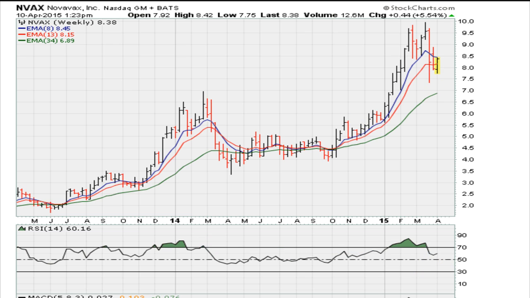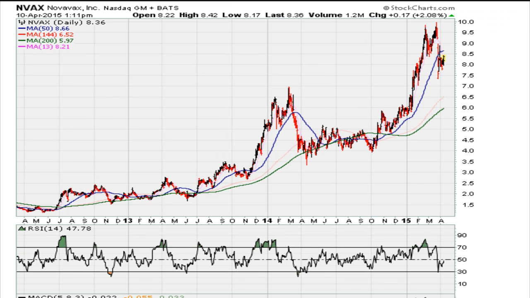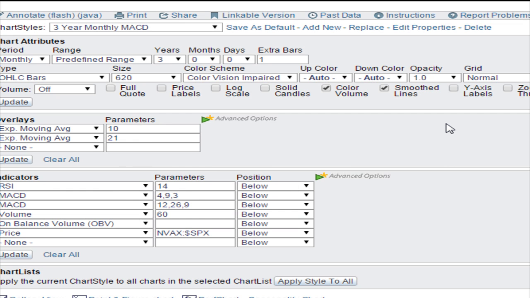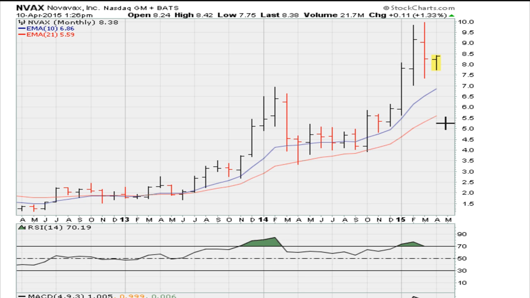For now, it's not. Instead of looking at the 3-year daily chart, which is this one, why not look at the 3-year monthly chart? And what do you see on the 3-year monthly chart? One of the greatest observations is that right now we are back above 69.1.